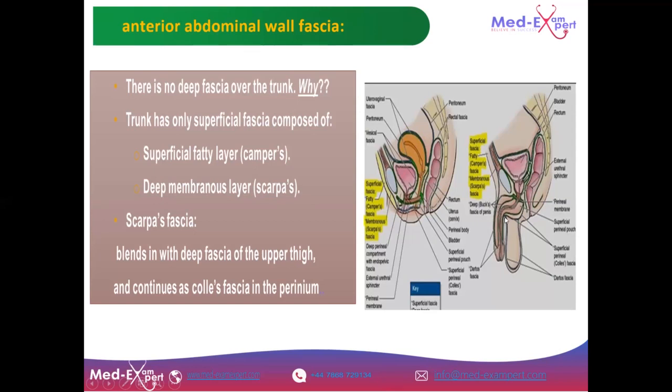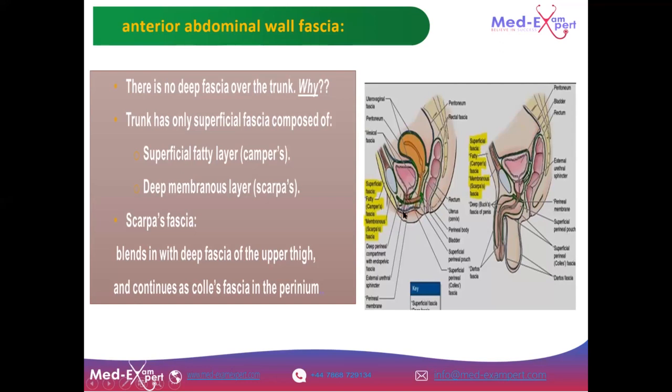It will also invest the testis, and here it is named the dartos fascia. While in females, it's down here. The membranous layer comes down to the pelvis and is attached to the superficial perineal fascia, which covers the whole pelvis.